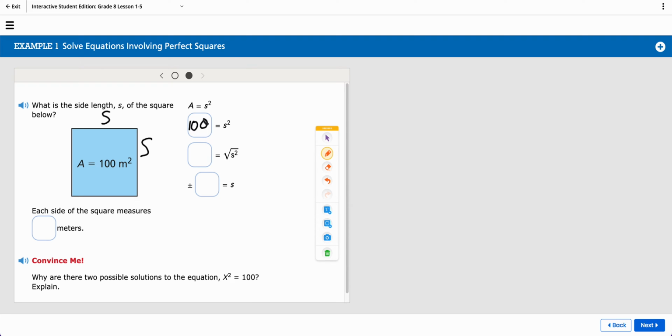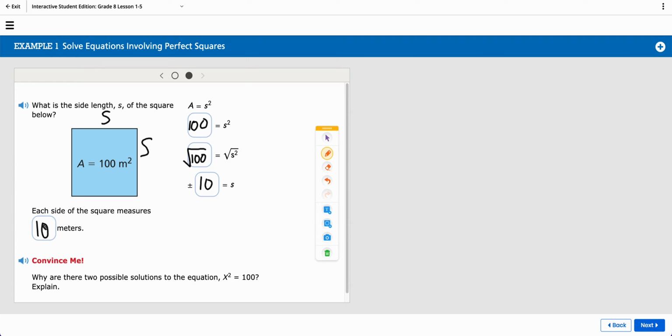Then if I take the square root of S squared, I have to take the square root of 100. The square root of 100 is either a positive or negative 10. Since we're taking the measurement of an actual square, which one of those do I want? I want the positive 10, okay?